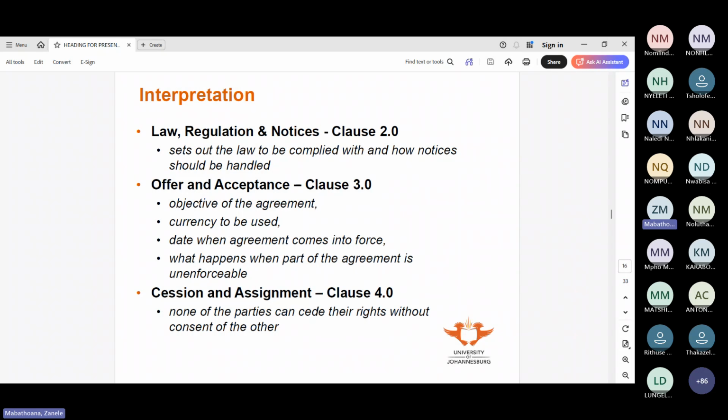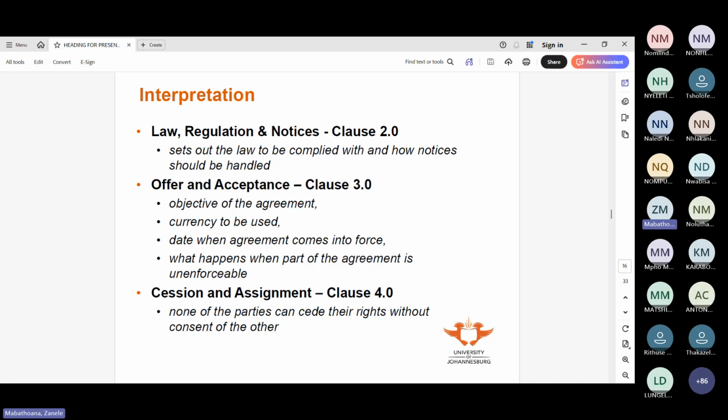So all notices given in terms of this agreement will be deemed to be received if delivered by hand, on the day of delivery. So when I deliver the notice and I give it to you, or to a representative of your company, then it's delivered when I give it to you.